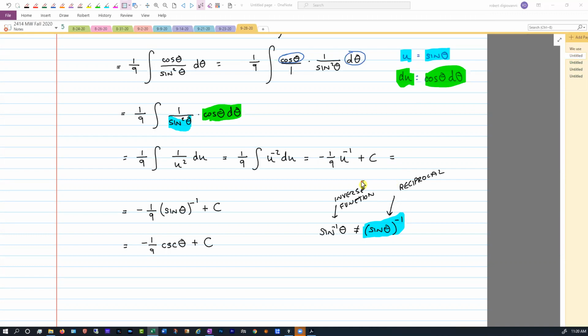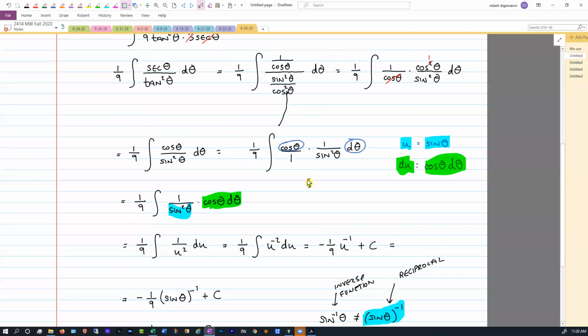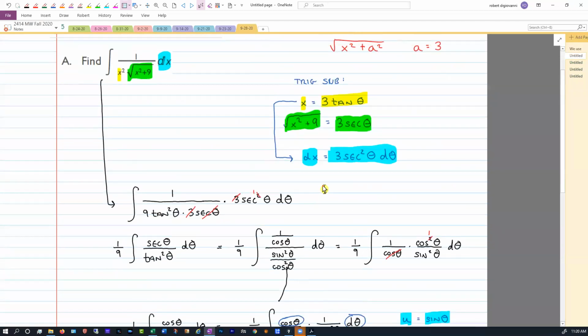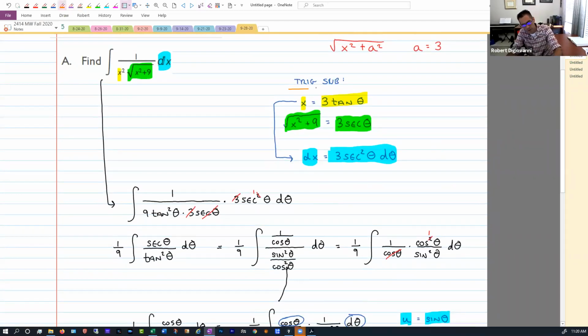Well, we have to use a reference triangle. That's right. Good. So if you go back to last class, we did one example of this. What we're going to do is go back to our original trig sub, the very first step where we did a trigonometric substitution. We're going to write that equation down: x equals 3 tan theta.